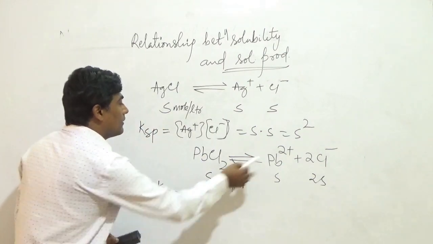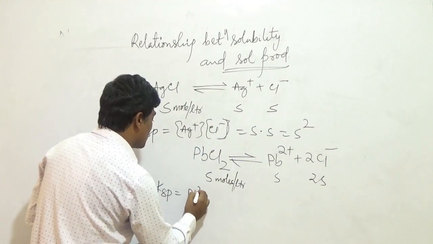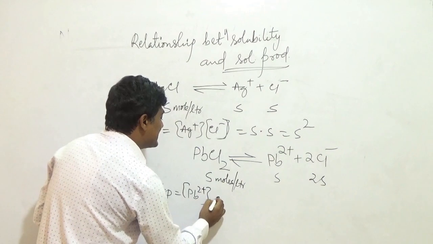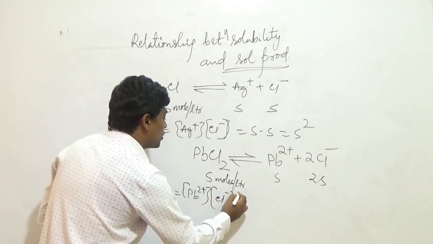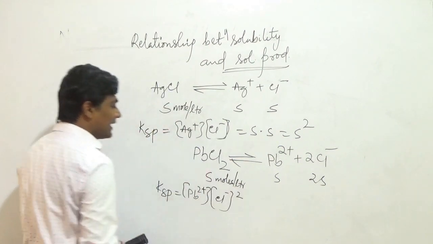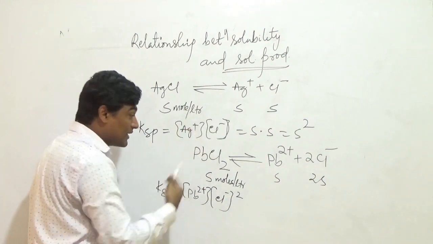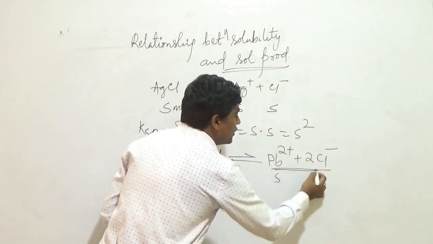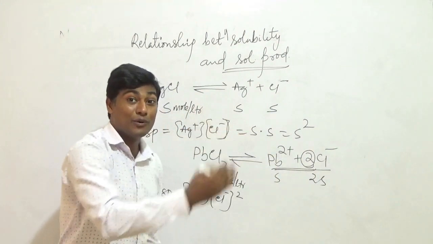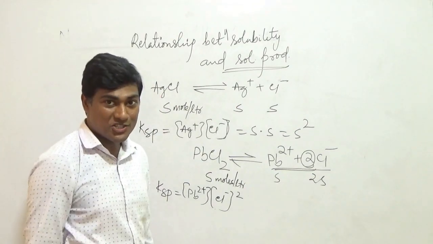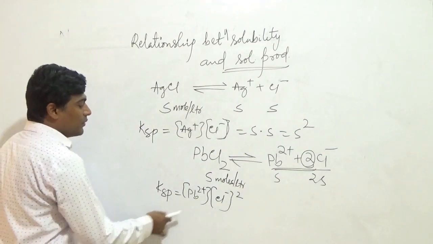That will give you Pb2+ concentration into Cl− concentration to the power 2, because in the equilibrium, the coefficient becomes the power. Law of mass action. So Ksp will do this.